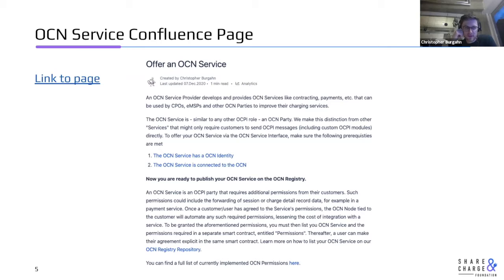But yeah, it's basically explaining everything around what an OCN service is and what the service interface is and what the permissions are and where you can find them, just to help people out understanding what we mean with all of that. And yeah, also feel free if anyone has some feedback on how to improve it. Happy to work on that and improve it further. Okay, great.